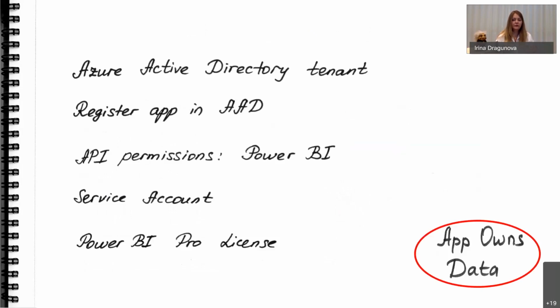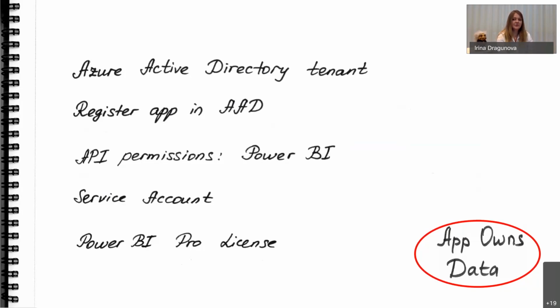What do we need to embed the reports into our application? First of all, we need to have an Azure Active Directory tenant. Then we register our application with Azure Active Directory to allow our application access to the Power BI REST APIs. We need to specify permissions in Azure to Power BI resources. Then we need to create a service account.